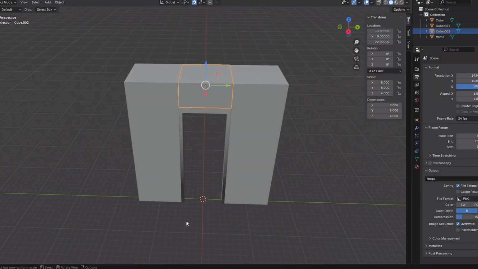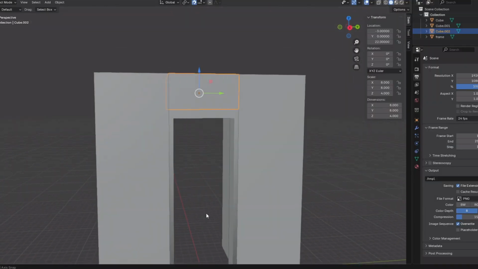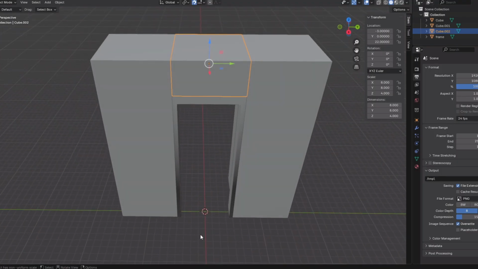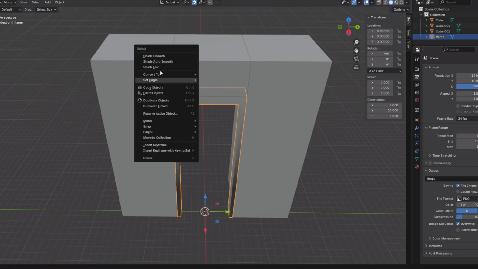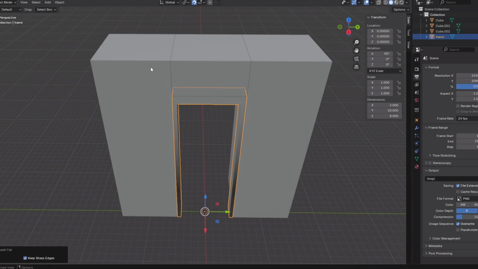But enough about that. I don't understand why the sides of this door have this weird effect that makes me a little uncomfy. I think it has something to do with shade smooth, which I don't like. Shade smooth, shade auto smooth, or shade flat.